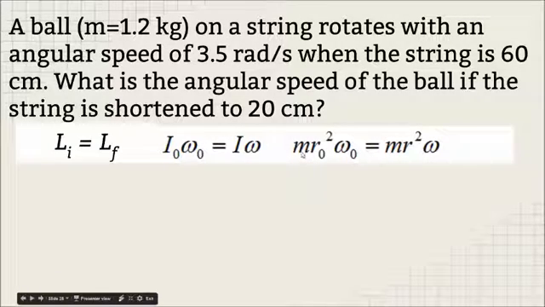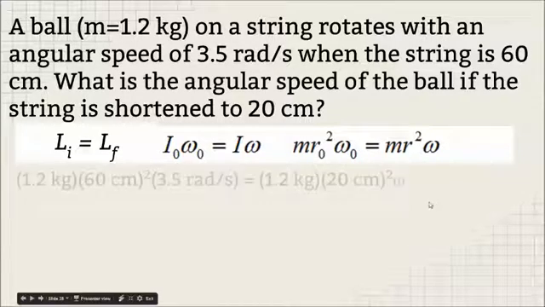At the beginning, the I was given as a ball on a string, so that is mr squared. The masses are the same, but the radii are going to change.